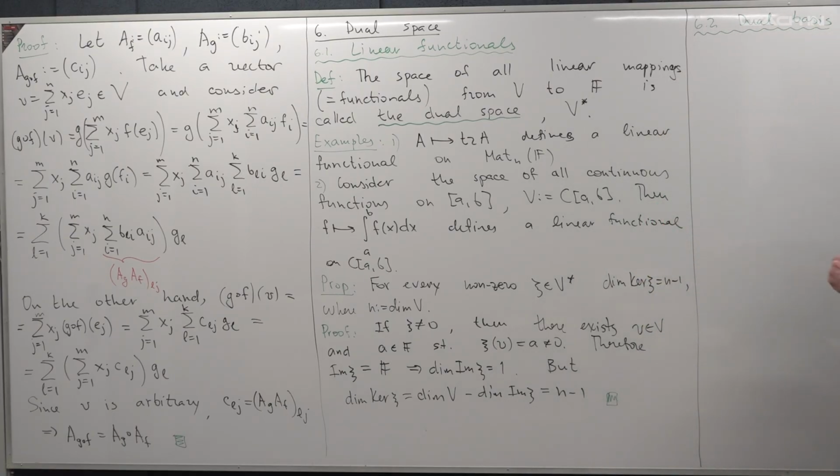In general, we need to understand the structure of the dual space, and the simplest way to do this is to choose some basis in our vector space V, and then to introduce some special basis in the dual space that is related to this basis.